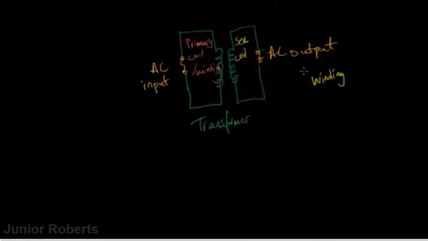So first of all, do you know what a transformer is? Transformers are present in vehicles. They are also present in devices such as your radio. Your phone will have a transformer, not the phone itself, but the charger. The charger itself has a transformer.